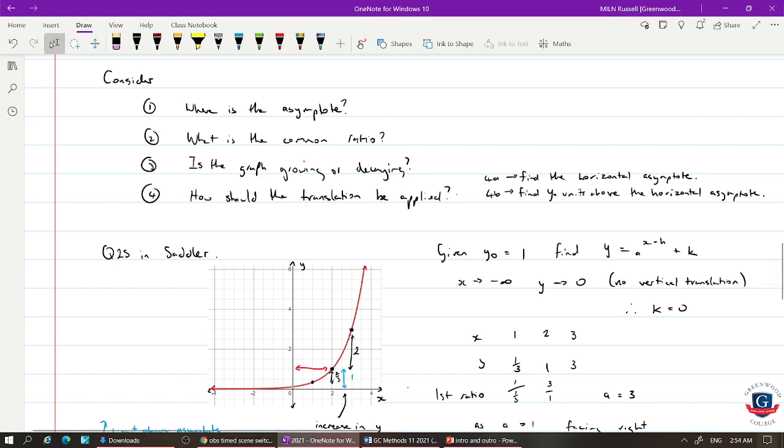So we need to find 2 points for y and divide them. So this is 3, this is 1, 3 divided by 1 is 3. We can check it here, 1 divided by a third, that's still 3, indicating to us that our a value is 3. So that's nice and easy. Found the common ratio.